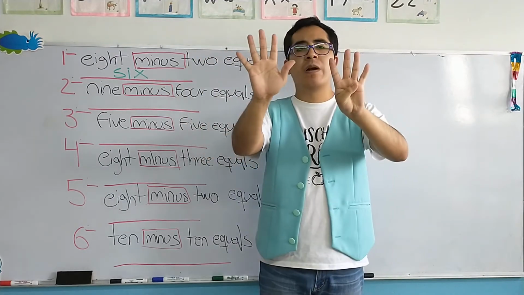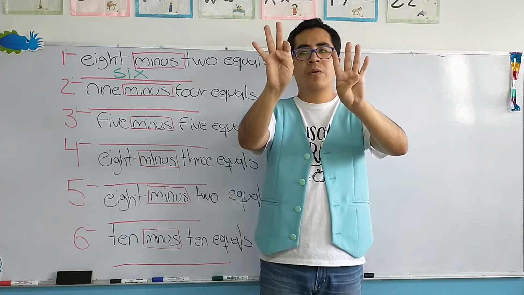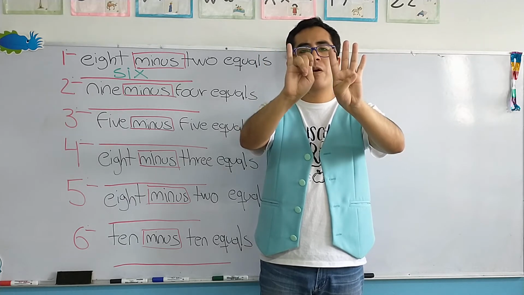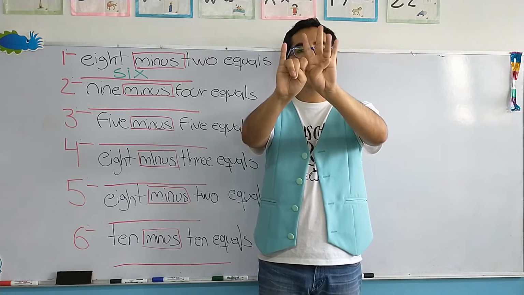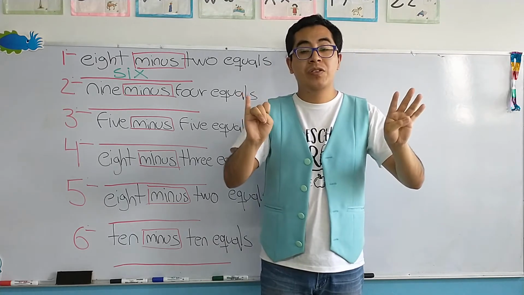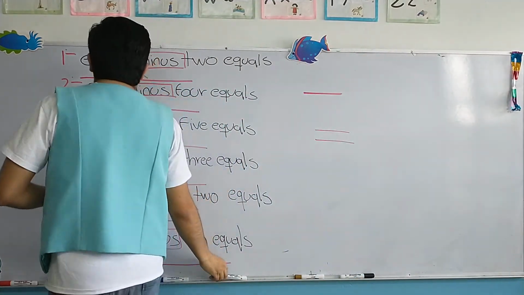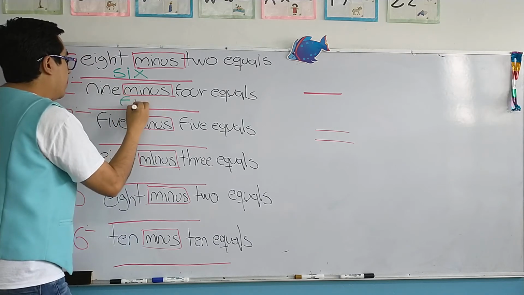Minus 4. 1, 2, 3, 4. What's the result? 1, 2, 3, 4, 5. So the result for the second subtraction, number 5.